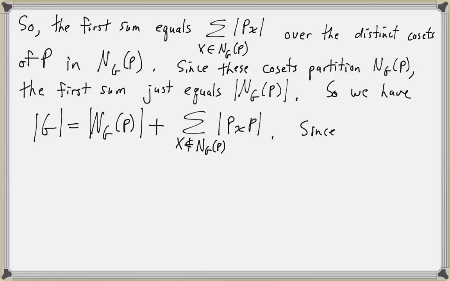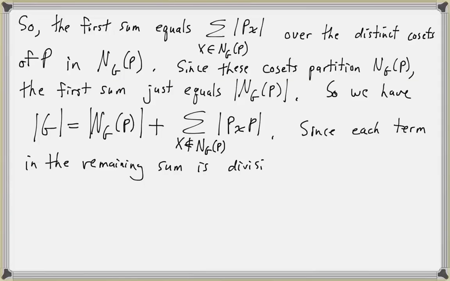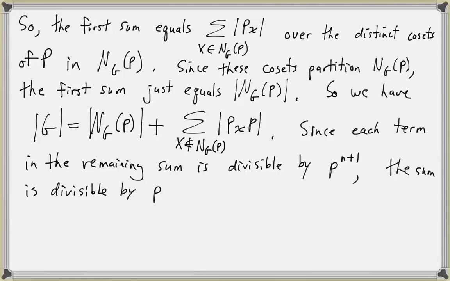So since each term in the remaining sum is divisible by p to the n plus 1, the sum is divisible by p to the n plus 1.